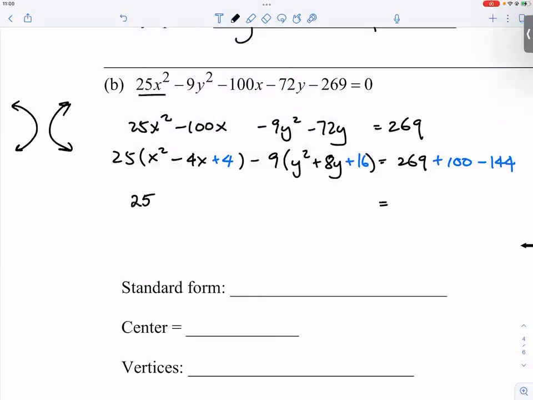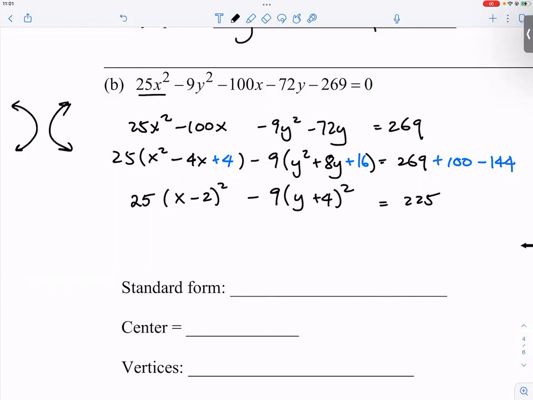So you have 25 times (x minus 2) squared, and then 9 times (y plus 4) squared. And when you have 269 plus 100, which is 369, 369 minus 144, it's 225.